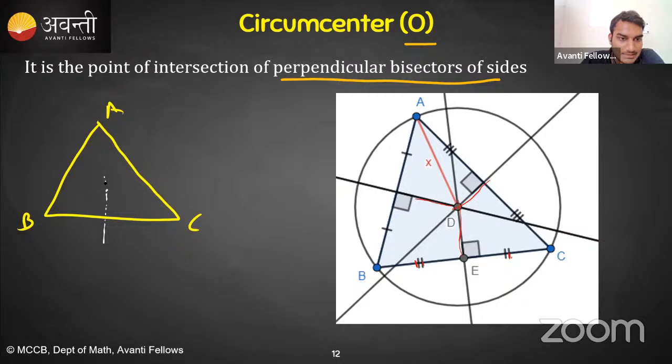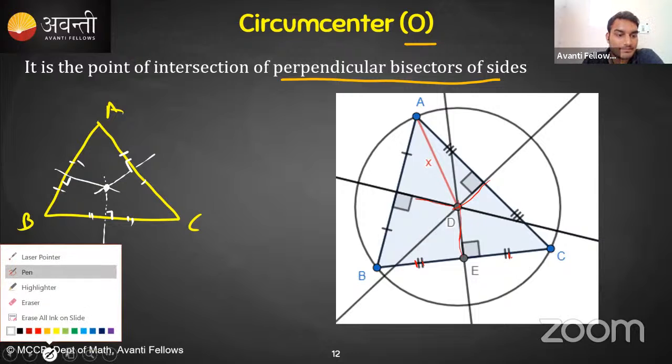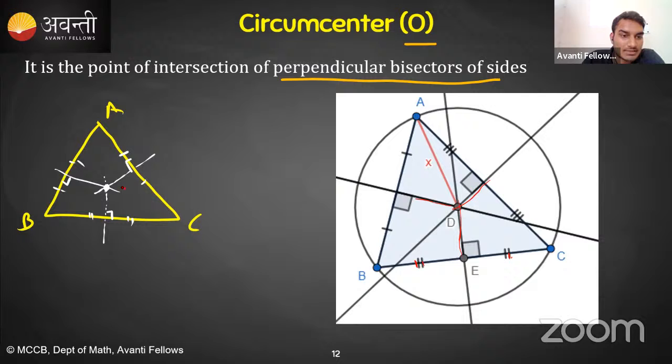Similarly, we draw a line which is perpendicular on AC and a bisector of AC, like this. Similarly, one more line which is perpendicular on AB and a bisector of side AB also, like this. Clear? So this point is known as the circumcenter.